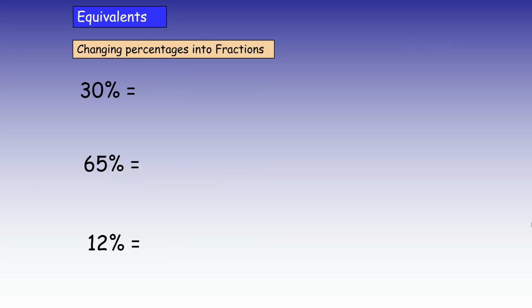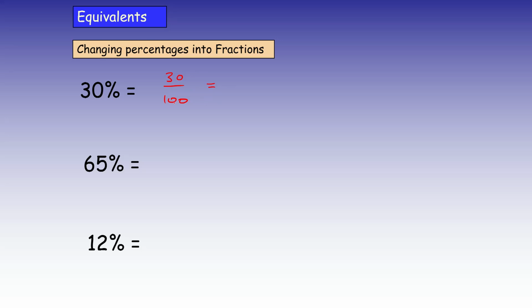Okay, so we're looking at changing percentages into fractions. As we said earlier, a percentage is simply a fraction out of 100. So 30% is simply 30 out of 100, which is already a fraction. However, I want to simplify that if I can.